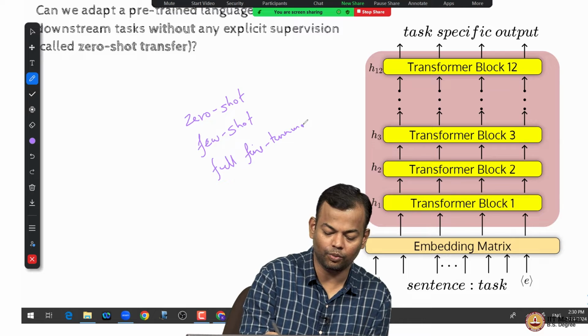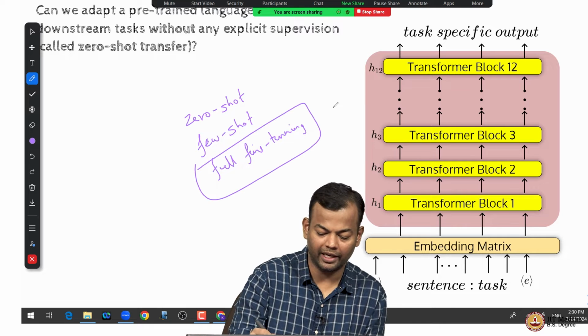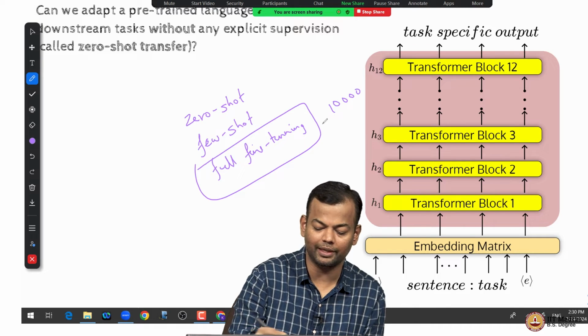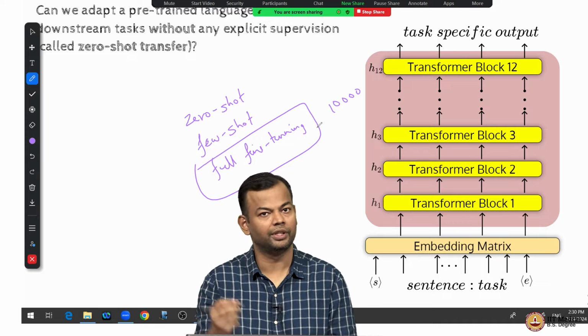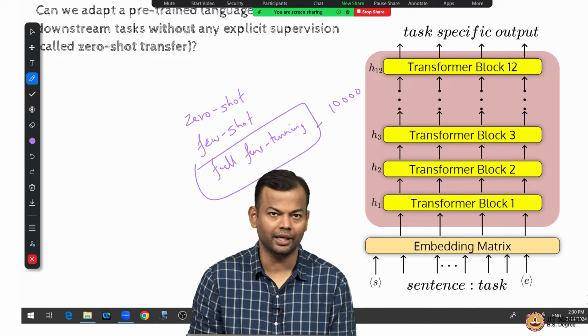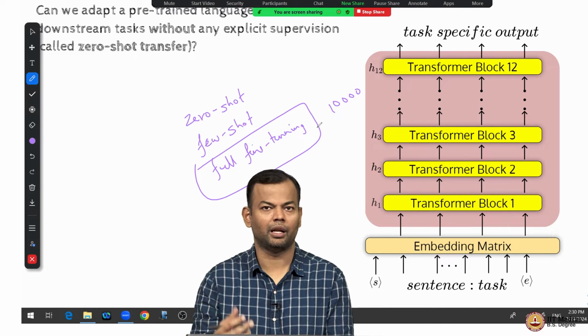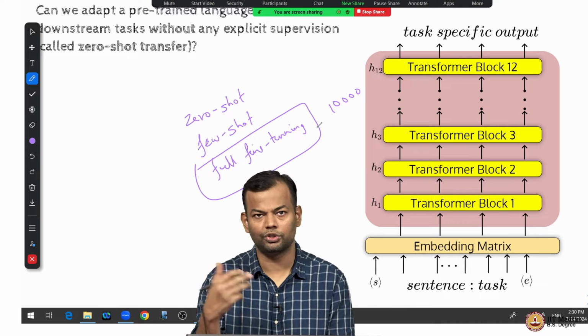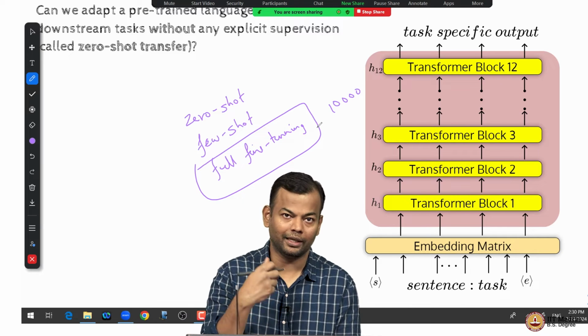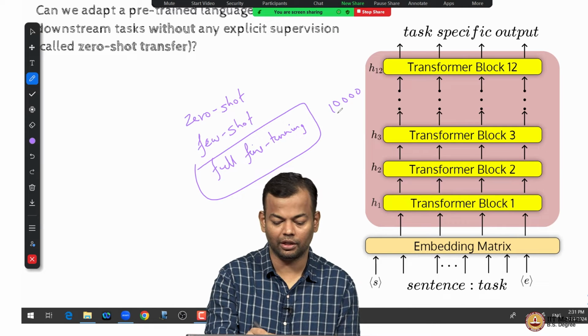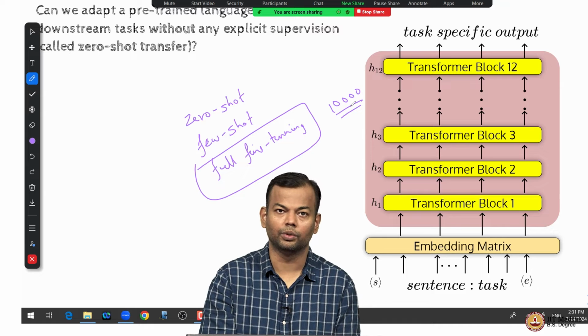So this is what we are used to so far, where I have a new task, I have some 10,000 labeled examples, and I retrain the entire network using it. Entire network or a subset of parameters, just the last layer, all those choices are there, but I'm going to require labeled data at a very large scale and then try to learn, right?